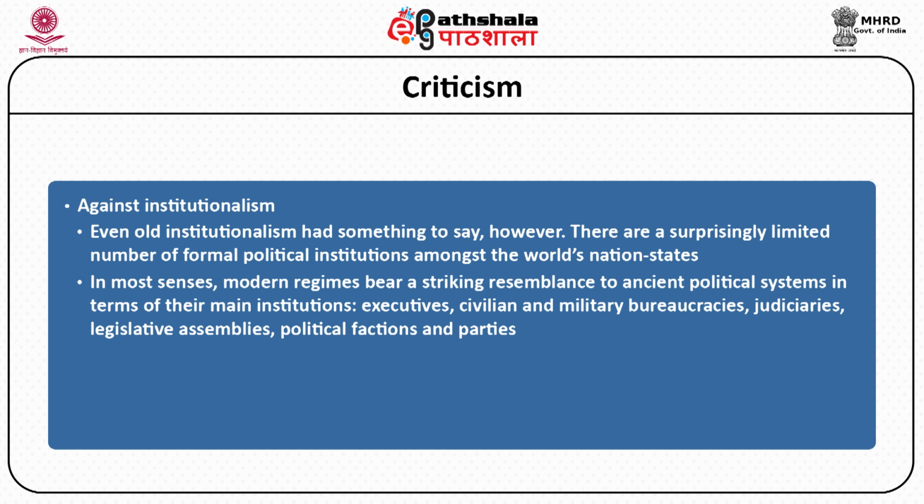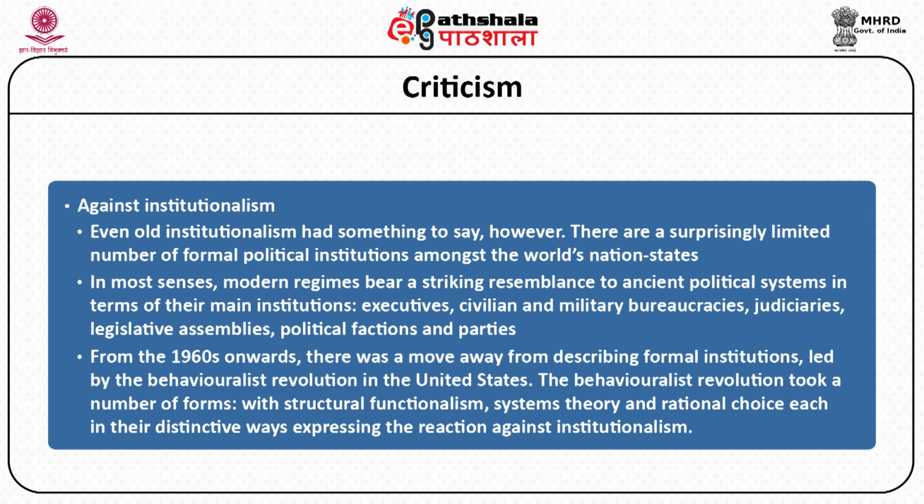Rather, the behavioralists wanted to study the individual in all his glory, as a complete entity. So, from the 1960s, when the behavioral revolution started in the United States of America, there was less emphasis on the study of description of formal institutions, and there was more emphasis on studying the actors, that is the individuals.